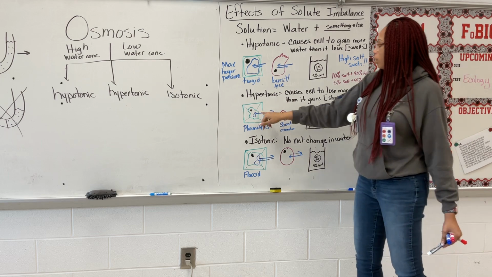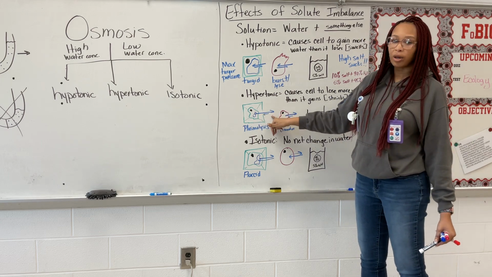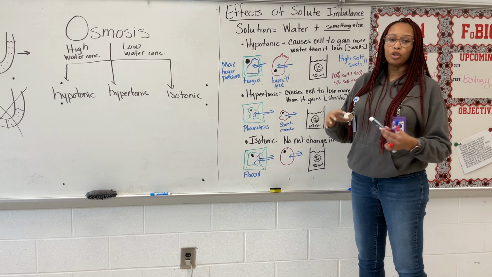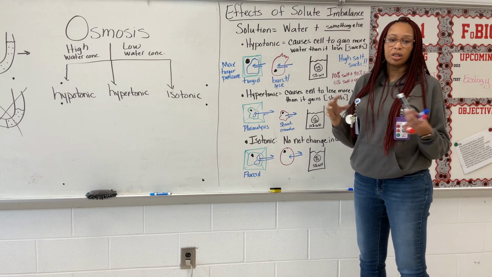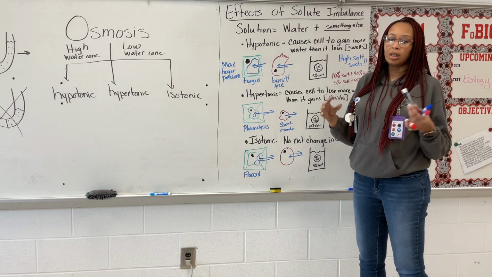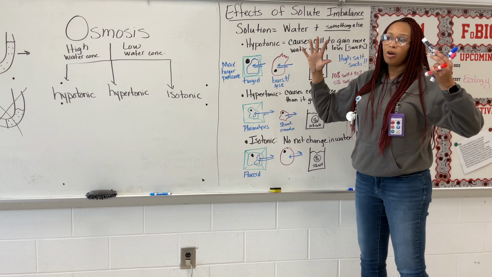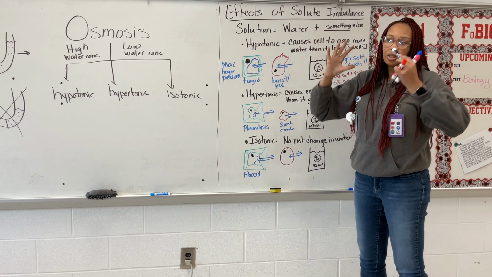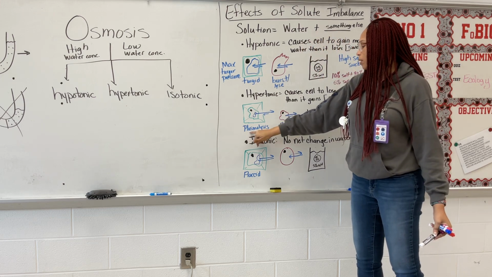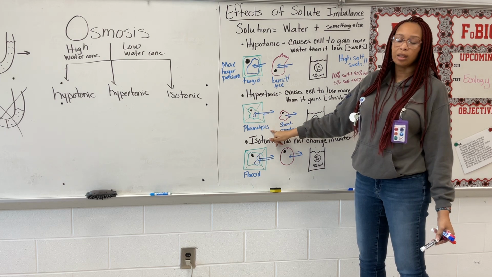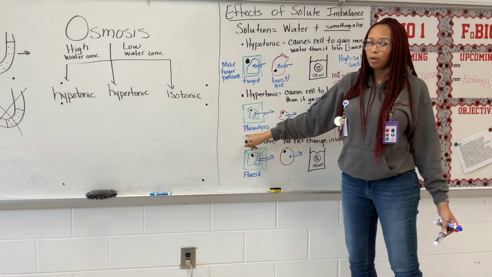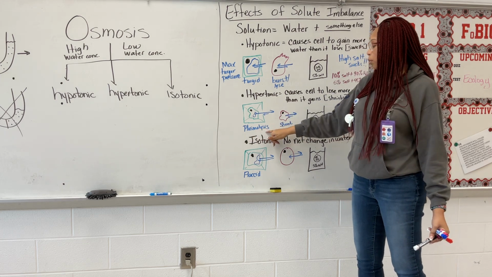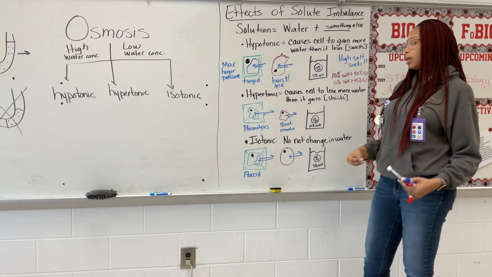In a plant cell, if the vacuole is losing water at a faster rate, it begins to shrink. The vacuole is attached to the cell membrane, which is attached to the cell wall. So when the vacuole begins to shrink, the cell membrane begins to pull away from the cell wall, and the cell undergoes plasmolysis. Lysis means to break, plasma membrane, so the plasma membrane actually breaks, which kills the cell.